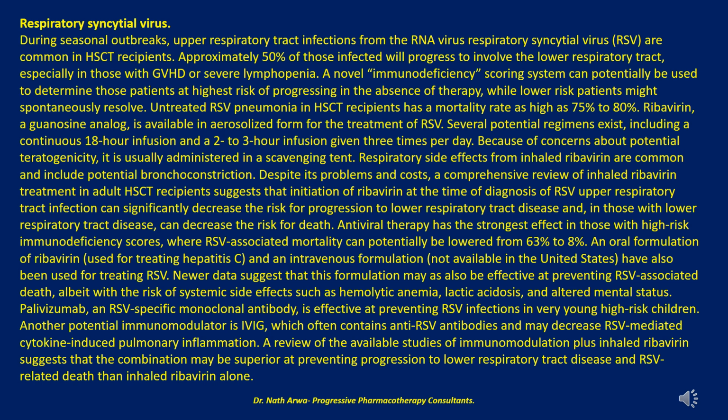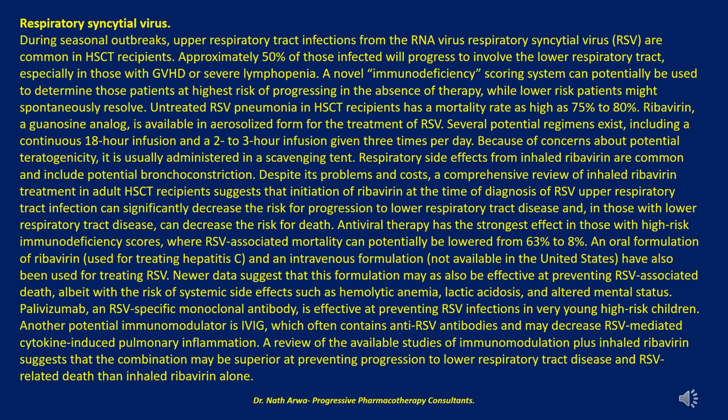Several potential regimens exist, including a continuous 18-hour infusion and a 2 to 3-hour infusion given 3 times per day. Because of concerns about potential teratogenicity, it is usually administered in a scavenging tent. Respiratory side effects from inhaled ribavirin are common and include potential bronchoconstriction.